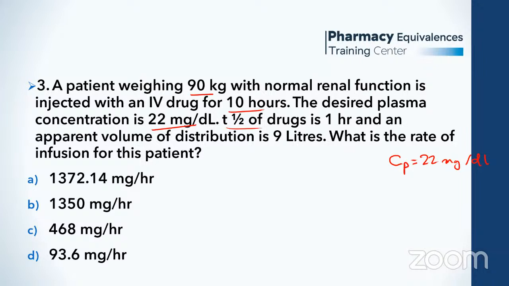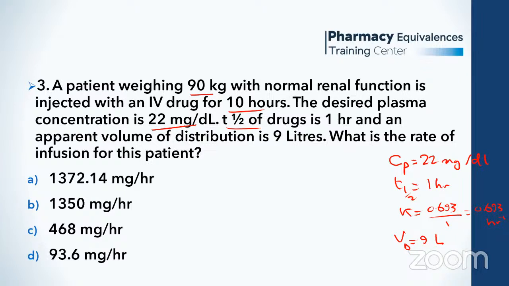The T-half of the drug is 1 hour. Directly, when we have a T-half, we should calculate the K. 1 hour means that the K equals 0.693 over 1 equals 0.693 hour minus 1. And the apparent volume of distribution is 9 liters. VD equals 9 liters. What is the rate of infusion for this patient?